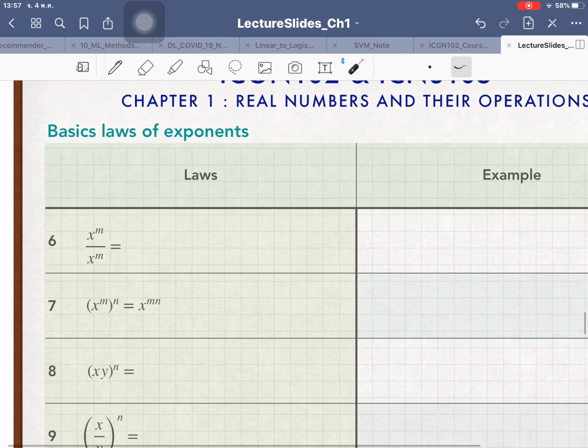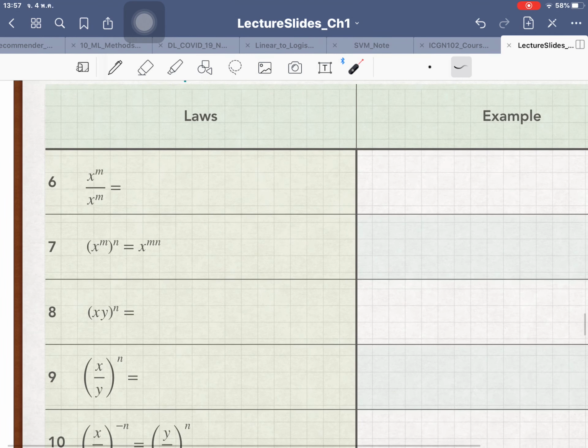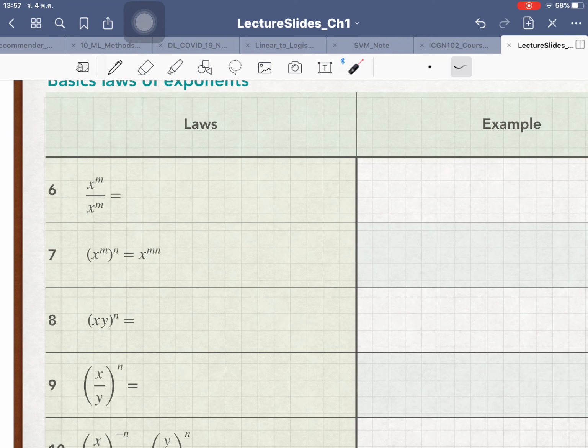And then we also have some more rules. Here you have the same base for both terms, x and x. In this case, you just take the subtraction between the two powers. So this will give you x to the power m minus m.